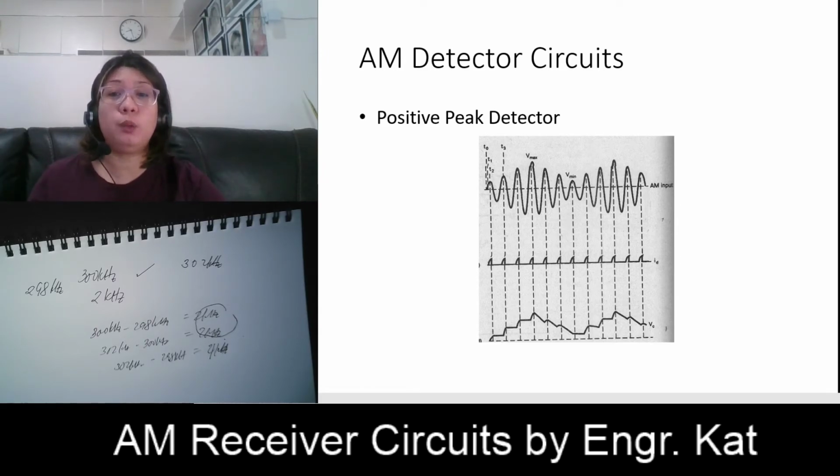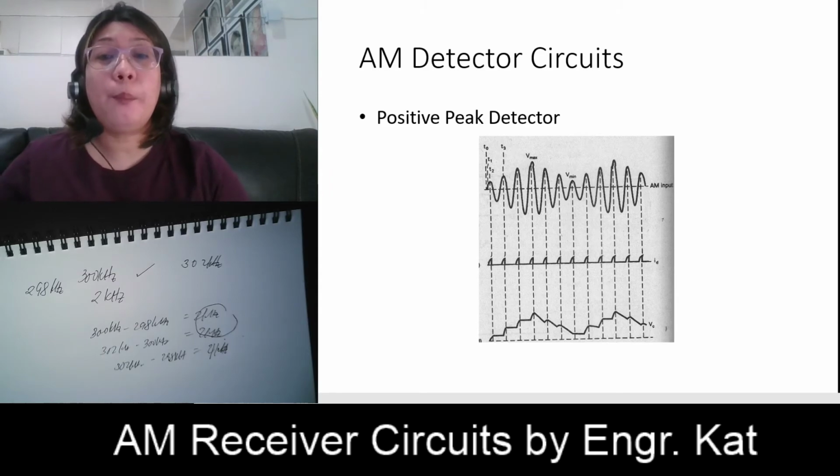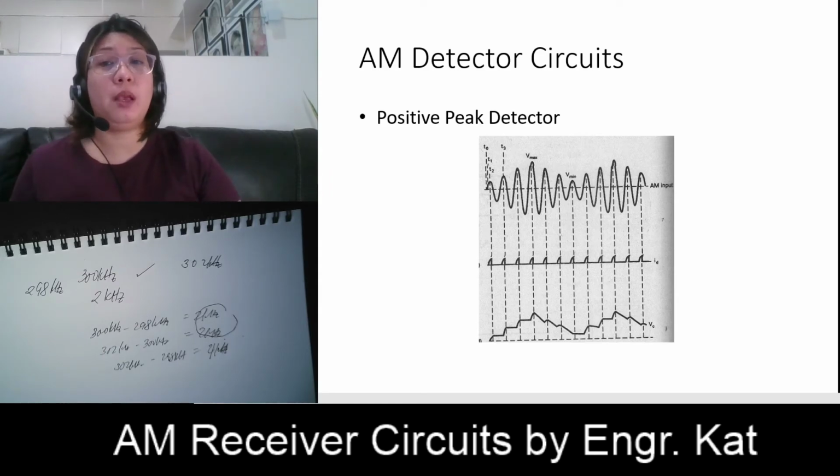Therefore, we have an output equivalent to that higher maximum voltage. As you can see, our output voltage waveform is somewhat the same as the input voltage of our AM. That is the purpose of your positive peak detector.